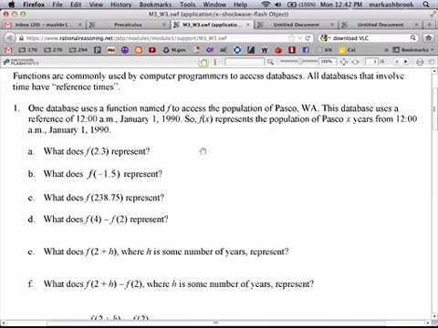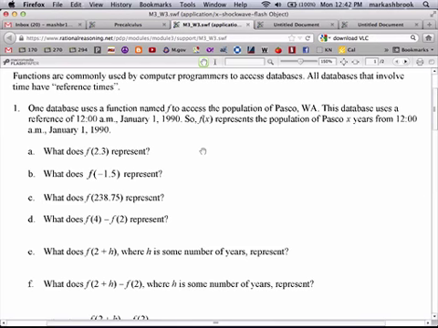So this whole thing together represents the population on June 1st, 1988. Does it make sense? Okay? What should we write? Should we write population 1.5 years in the past, or should we write the actual date? Either would be okay. As long as you said 1.5 years before January 1st, 1990, that's cool. Or you can write June 1st, 1988.